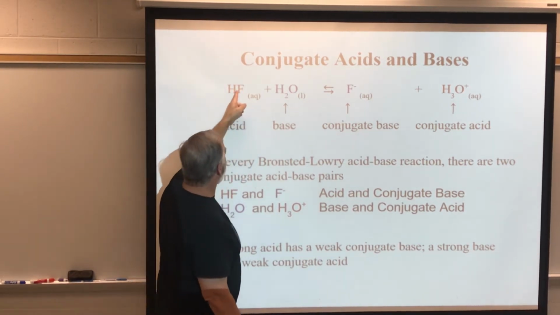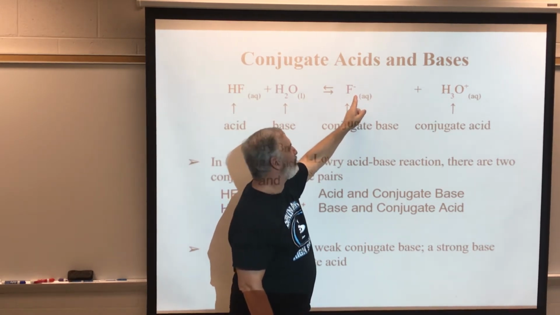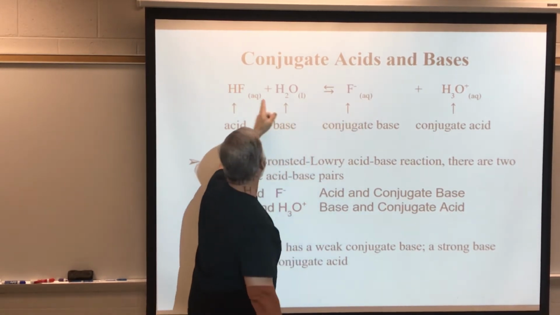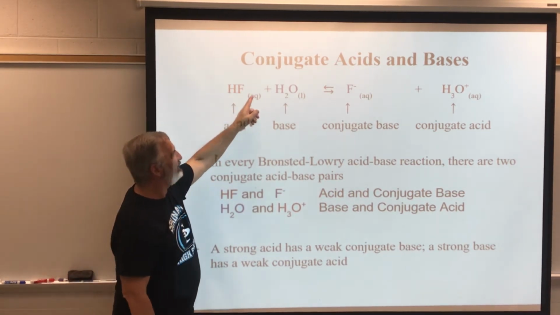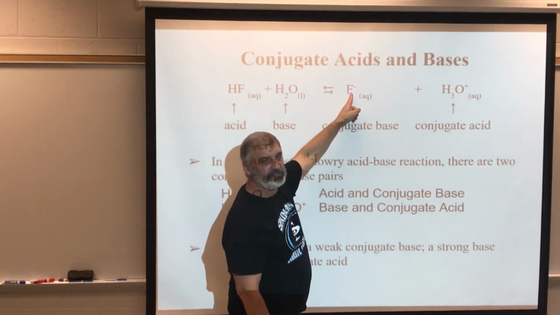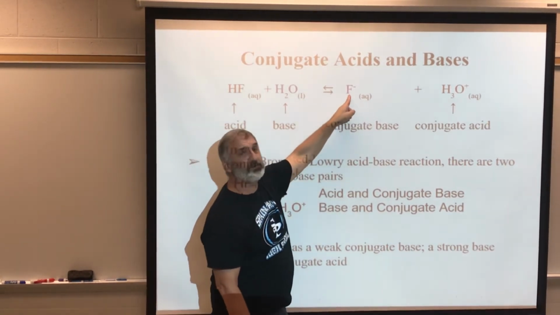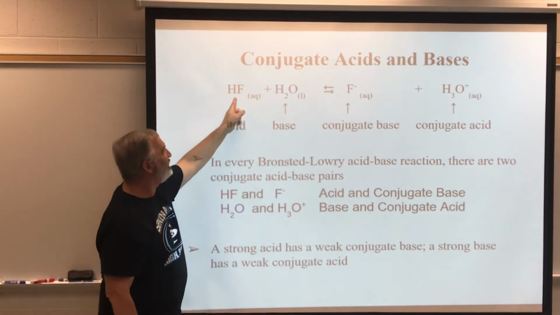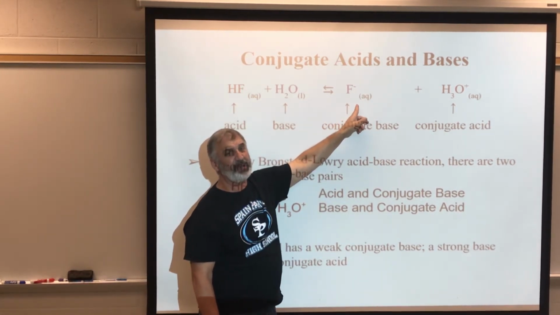So when the hydrogen is pulled away and it makes F minus, the F minus really wants to get back with the hydrogen. The fluorine and the hydrogen want to get back together. It'd much rather be in this form than in this form. So a weak acid is going to form a stronger conjugate base. This is going to have a strong attraction to get that hydrogen back.